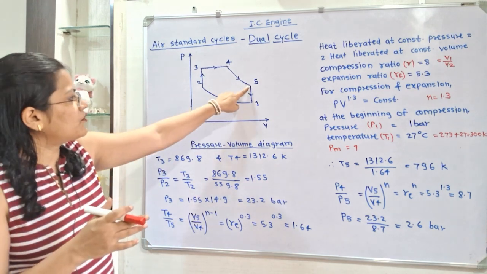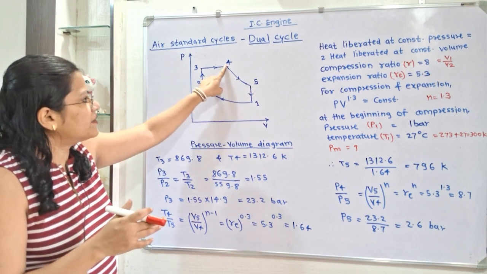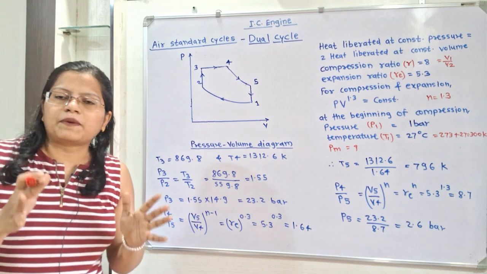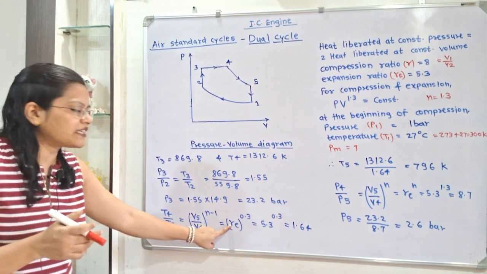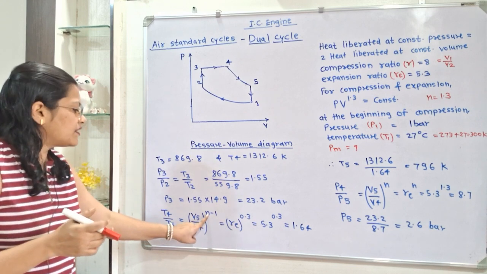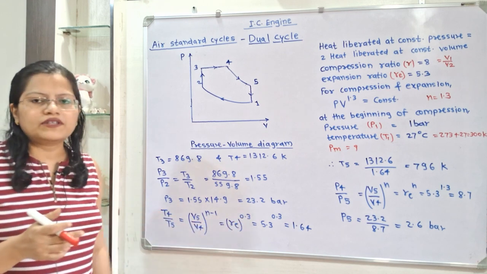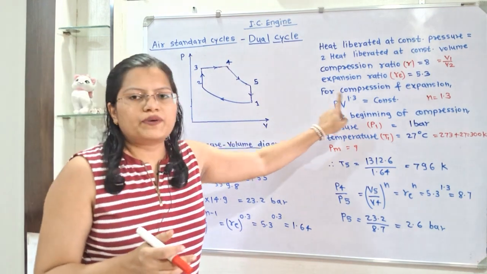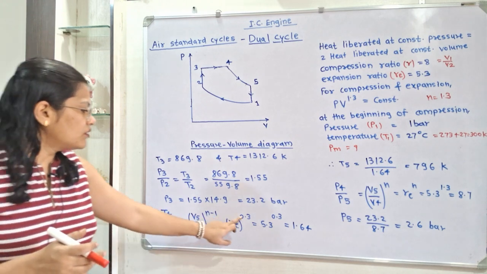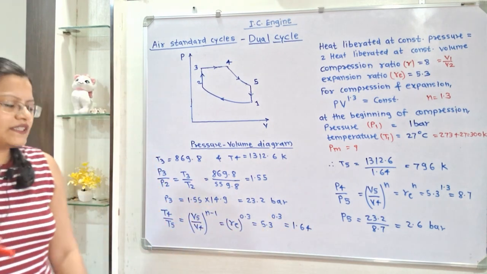Volume at point 5 is larger than 4. So V5 by V4 is known as the expansion ratio. So we will use here V5 by V4, that is the expansion ratio Re raised to n minus 1, that is 1.3 minus 1, that is 0.3, because for this expansion we have to follow this law PV raised to n. So 5.3 raised to 0.3 is equal to 1.64.